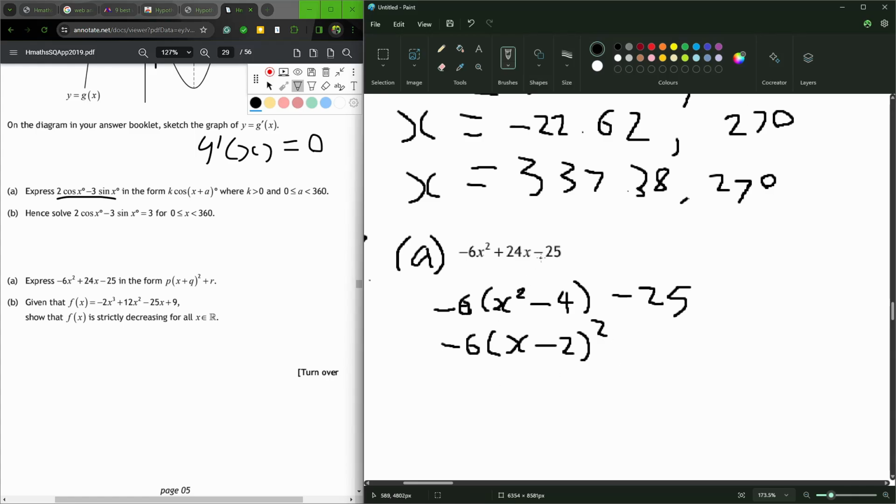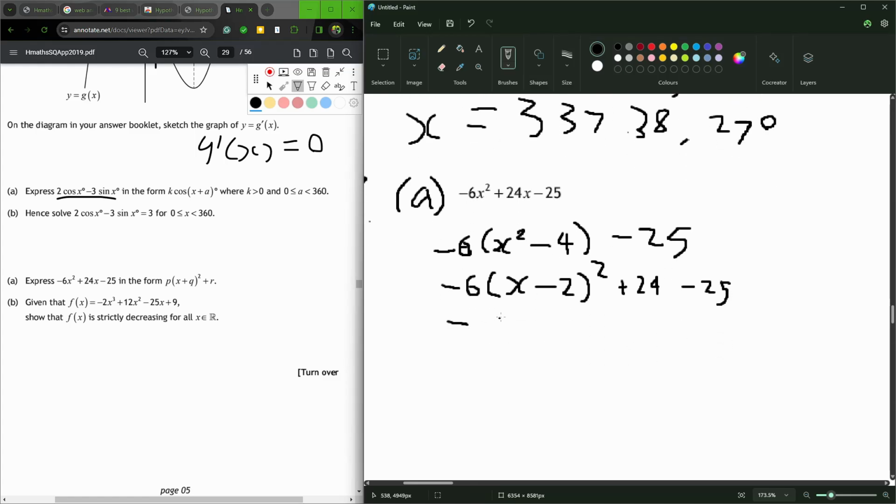Now, what we need to do here is we need to take away this power. So if we go minus 2 squared, that's 4. So you think you need to take away 4, but remember, we're actually timesing it by minus 6. So instead of taking away 4, you'd actually need to add on 24, because this minus 6 reverses just a sign.